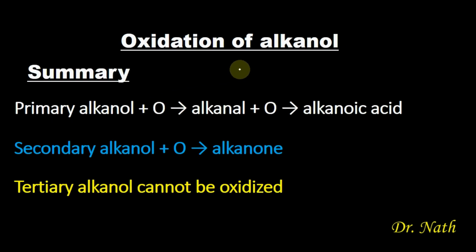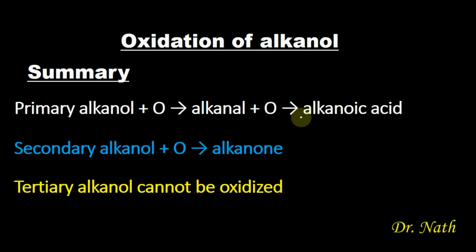So in summary, the oxidation of alkanol will depend on the type of alkanol that is involved in the oxidation, or the type of alkanol undergoing the oxidation. So primary alkanols, when they are oxidized, alkanal is formed, and when the alkanal is further oxidized, an alkanoic acid is formed.